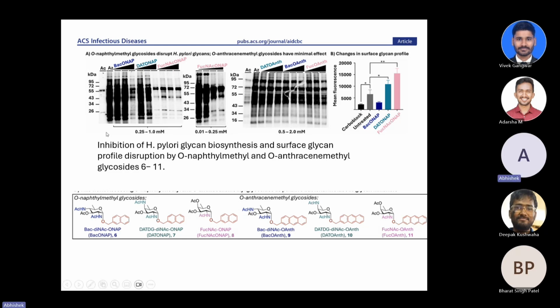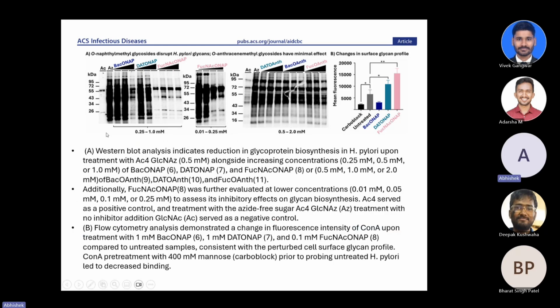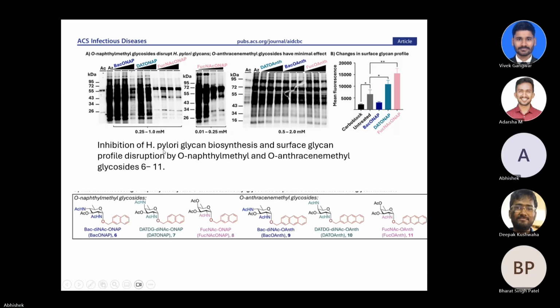In this paper, he did this experiment that is called Western blot analysis. As we can see in this slide, in left hand side, these are the O-Naphthylmethyl glycoside that disrupt H. pylori glycans, and this right hand side, this O-Anthracenemethyl glycoside, and that has been, sorry.